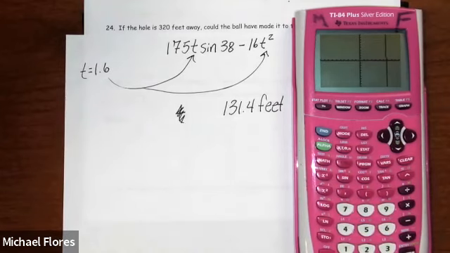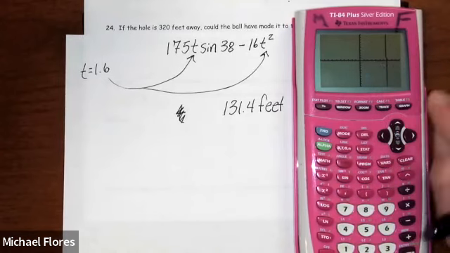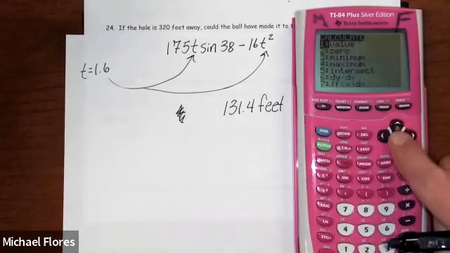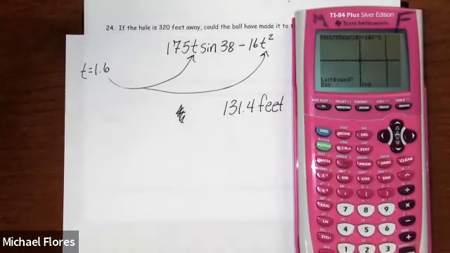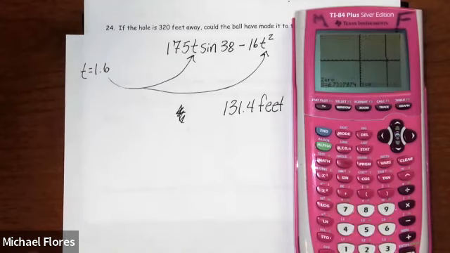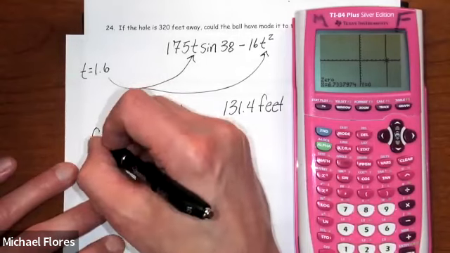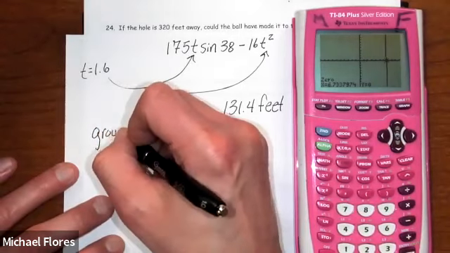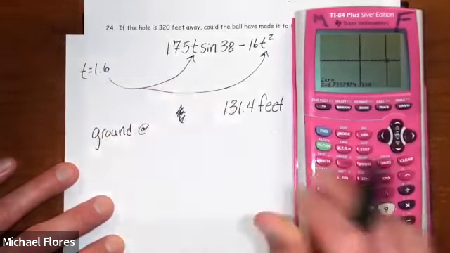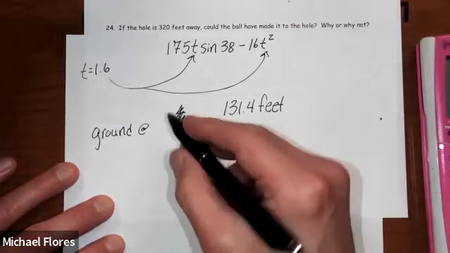So what I'm trying to solve for is, well, when will this ball hit the ground? It looks like it's going to hit it 1, 2, 3, 4, 5, in between 6 and 7. So second trace, I'm going to find the 0 in between 6 and 7. So 6, enter, 7, enter, enter. It is going to hit the ground 6.734 seconds.